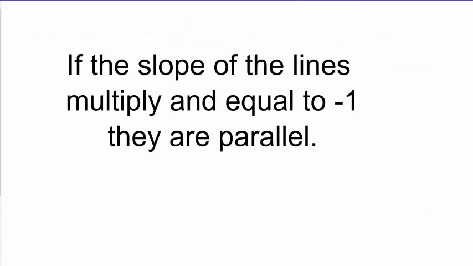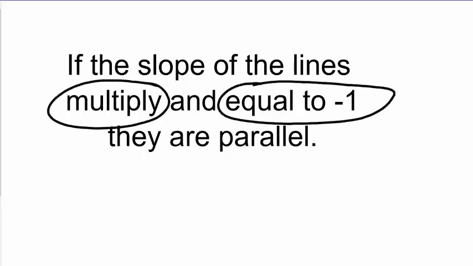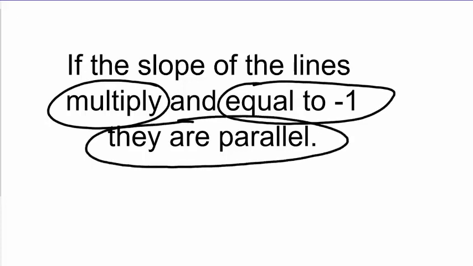And the rule here is that if the slopes of the lines multiply and equal -1, they are perpendicular. So once again, we're going to have slope 1, and then we're going to create slope 2. The product of both slopes should be -1.